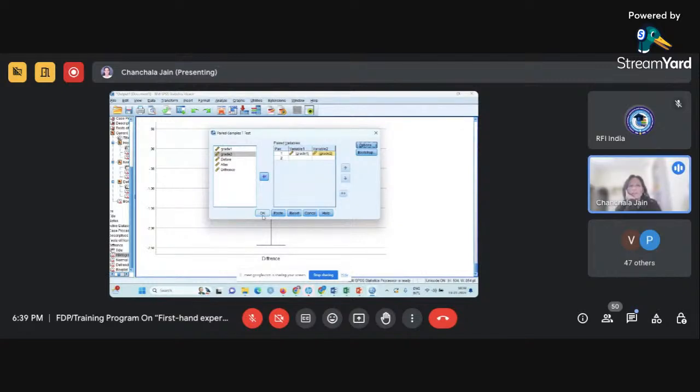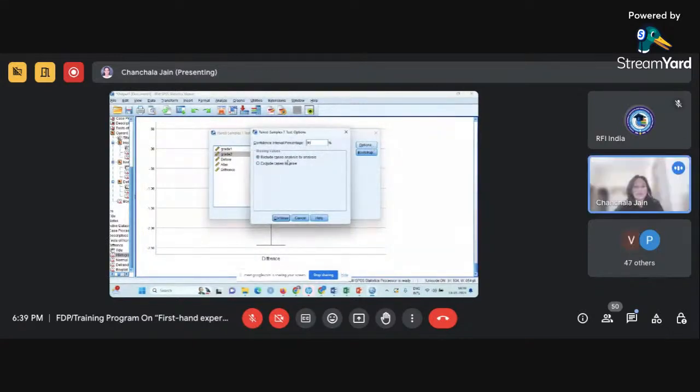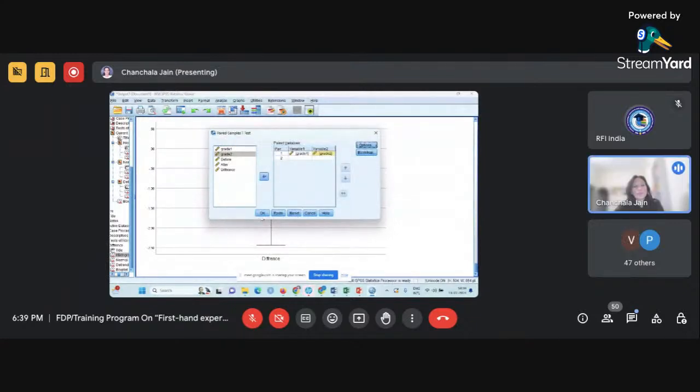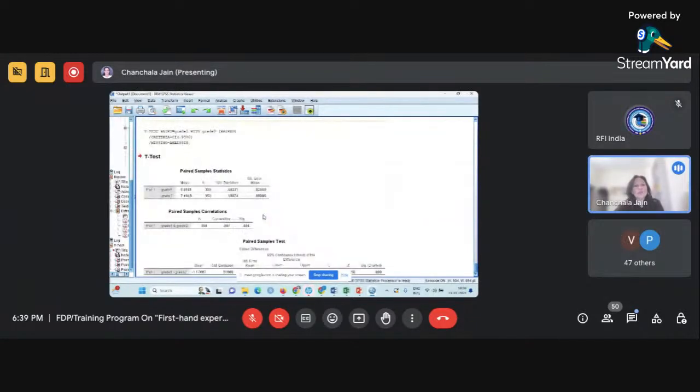Otherwise, there is no need. By default, it is 95%. Okay, it's 95, and I have to click on the option exclude cases analysis by analysis, right? Whatever, yeah. This is about the missing values, although there are no missing values in the data, sir. So we will go with the default option, right? Right. So now we can press OK to generate the output.